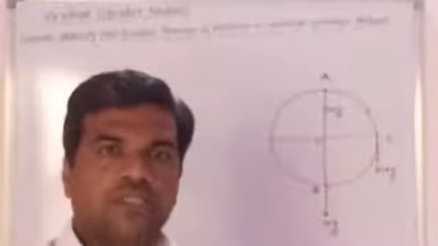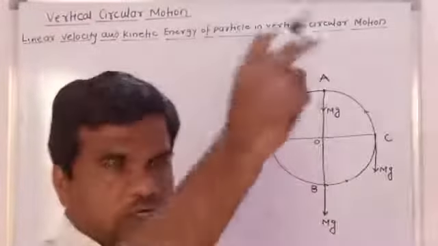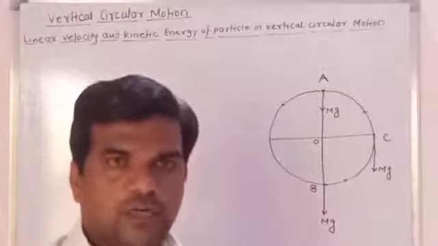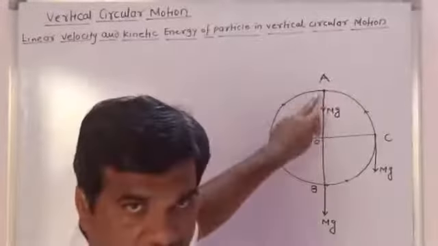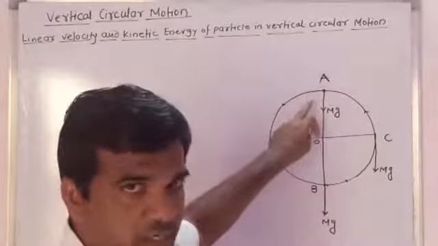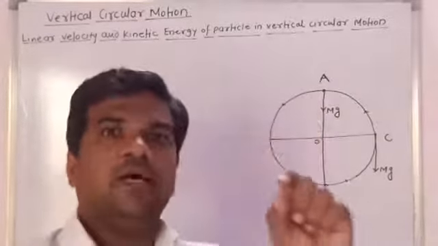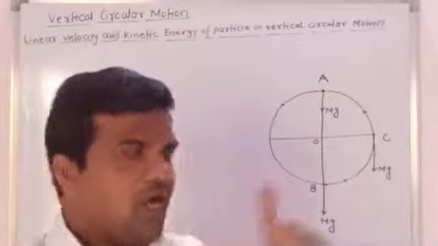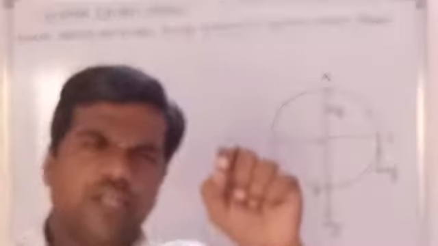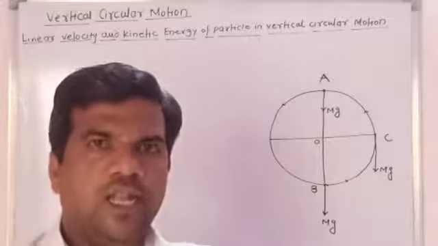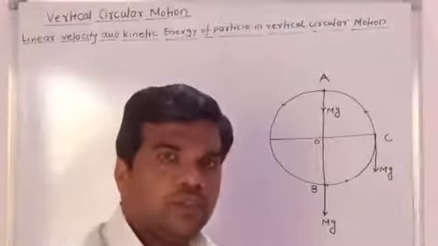But the tension acting on the string, which provides the centripetal force for this circular motion, is different for different positions. When the particle reaches point A, the highest position, the string becomes slack. It means at point A the tension on the string is very small, equivalent to 0.